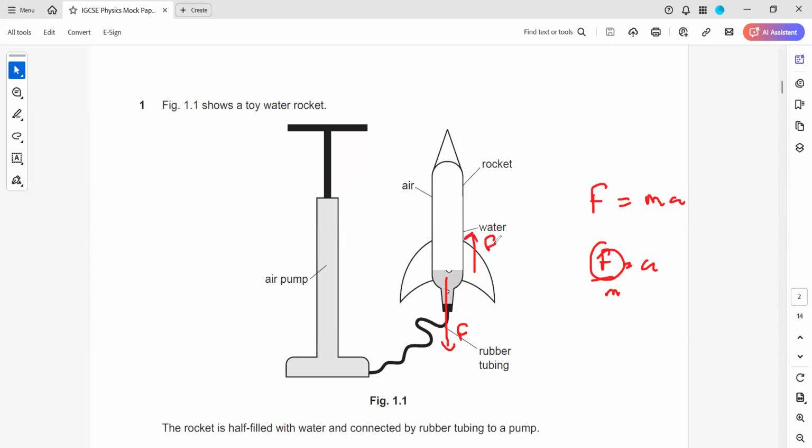So the force on the rocket is changing because the pressure of air inside the rocket is decreasing. The second thing, as the water is coming out, the mass is also changing. If the mass is changing, the acceleration will also change. Another thing, as the rocket starts to move, air particles will hit the rocket, and these air particles oppose the motion of the rocket. That will also cause a change in acceleration.